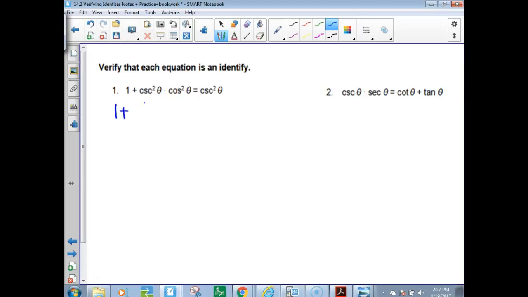Cosecant squared would be 1 over the sine squared. But then we're multiplying that times cosine squared theta. Okay, if I multiply these two, I get 1 plus cosine squared theta over sine squared theta.